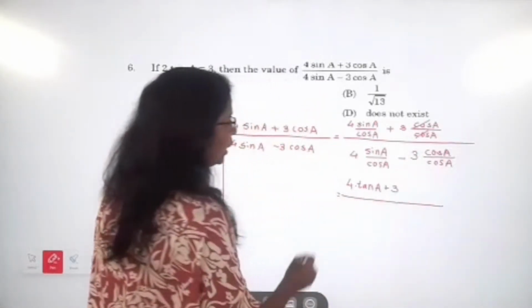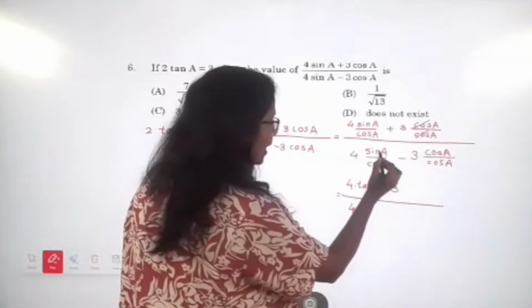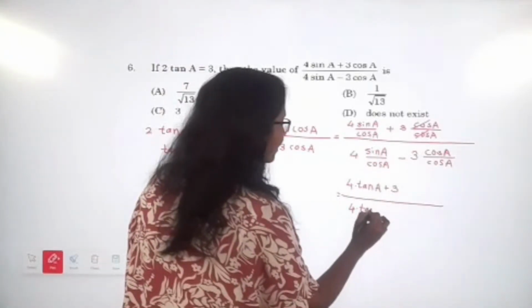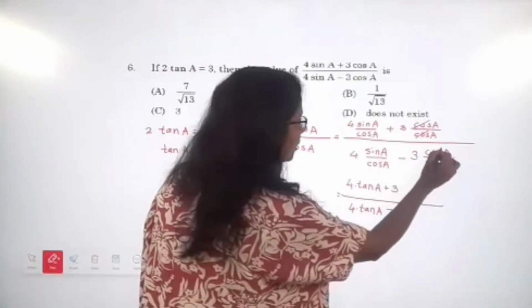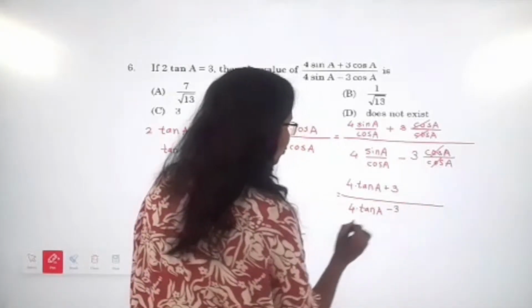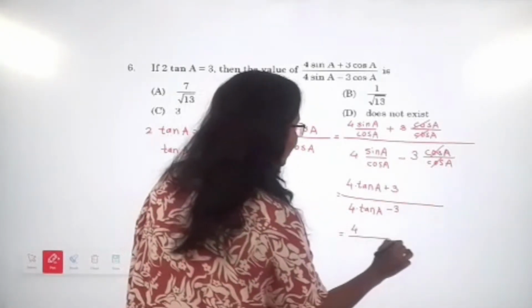So only plus 3. So now here 4 sin A upon cos A, that is tan A, and here minus 3.